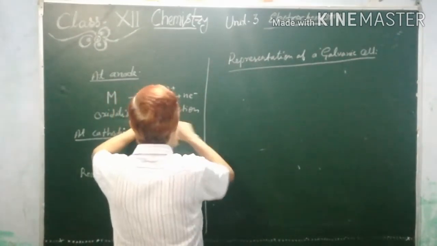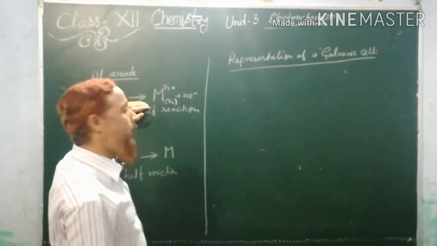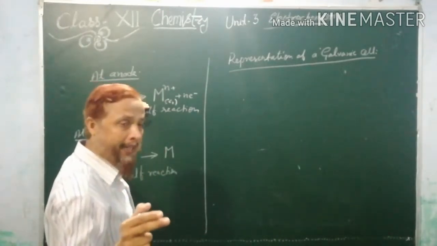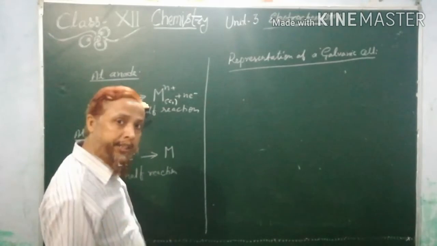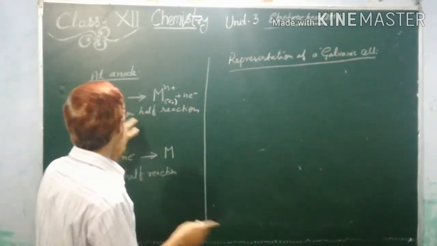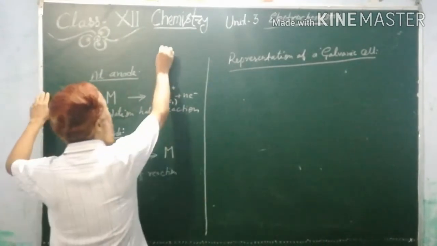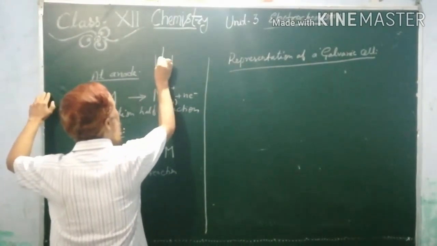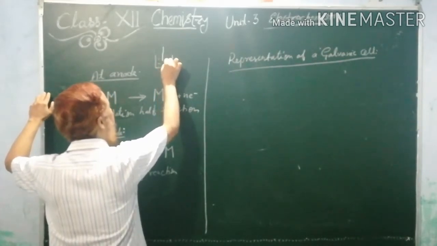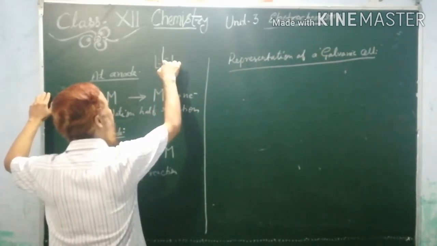Second, put a vertical line at the phase boundary. The phase boundary is where the metal, the electrode, touches the solution.